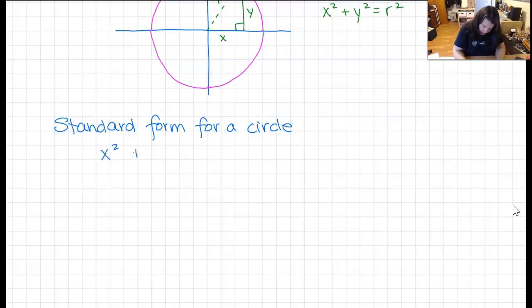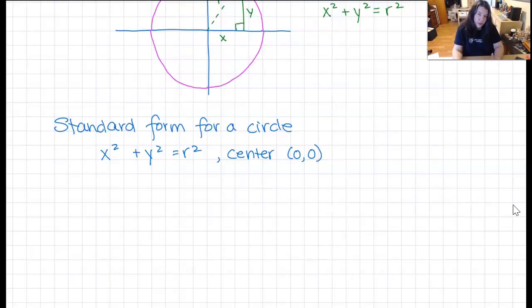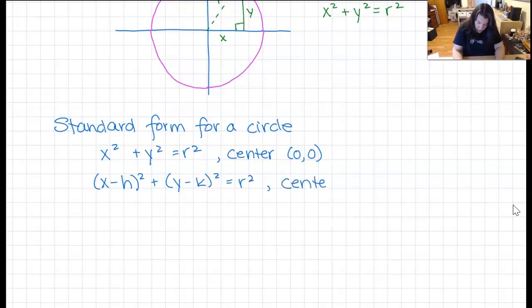First of all, we have this one. This is where the center is at the origin. But if I were to put the center somewhere else, so if I shift it horizontally by h units and vertically by k units, then we get (x minus h) squared plus (y minus k) squared equals r squared. And now the center is moved to (h, k).